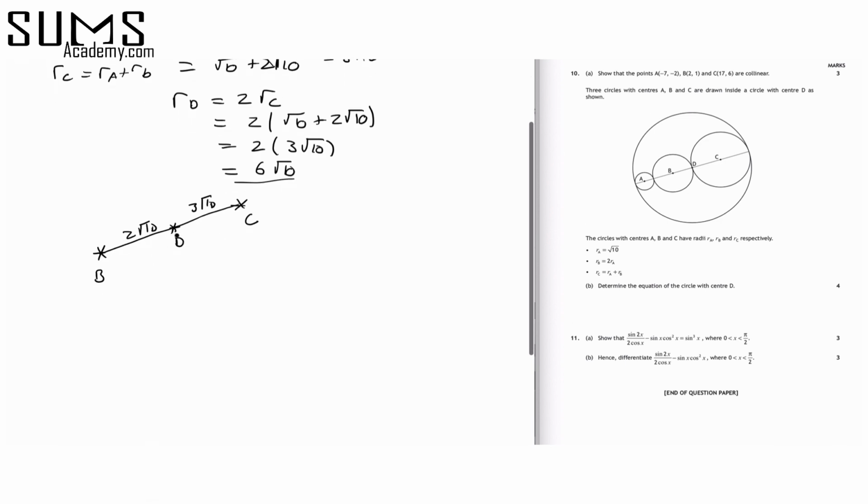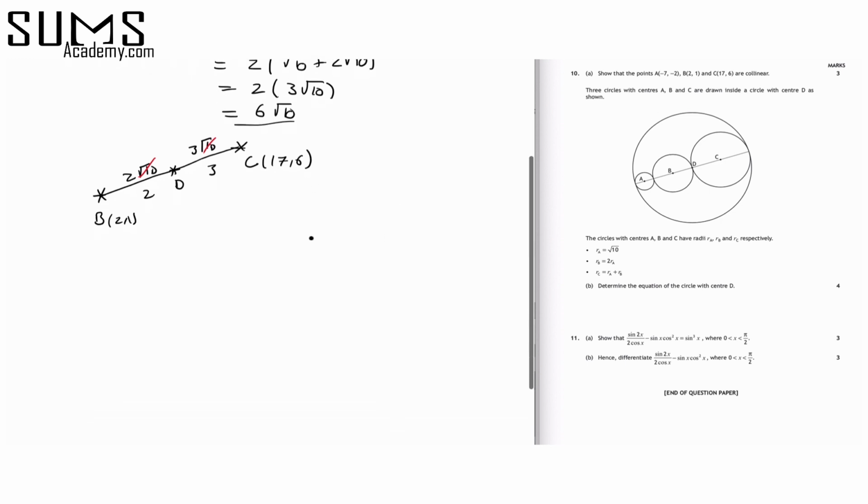Now, if you can see the ratio here, it's just scaled up with this root 10. So you can divide by root 10 and effectively remove it, and the ratio just becomes 2 to 3. And our point B is the same as in the question, so that is 2 and 1, and C is 17 and 6.